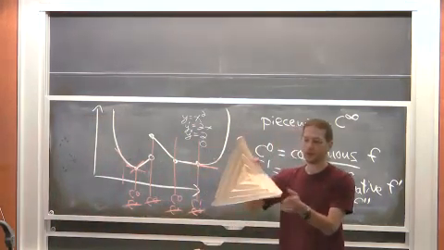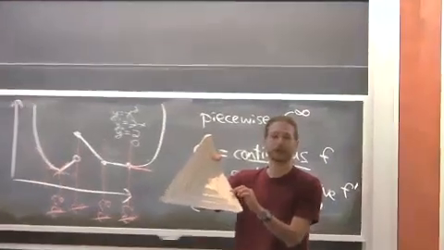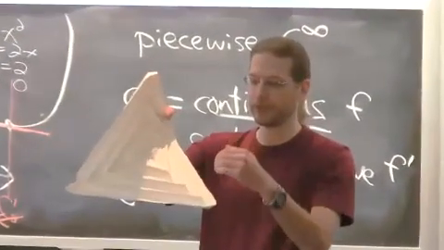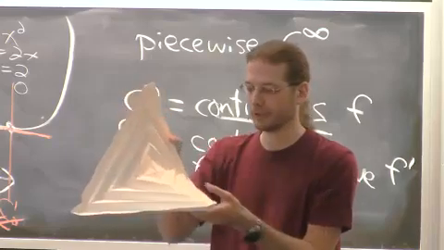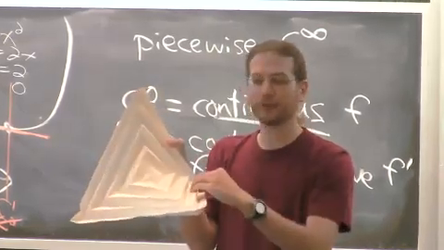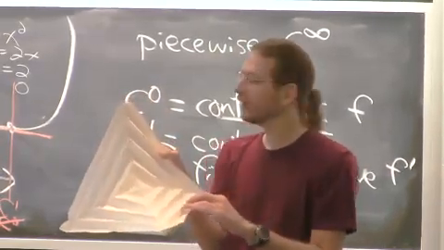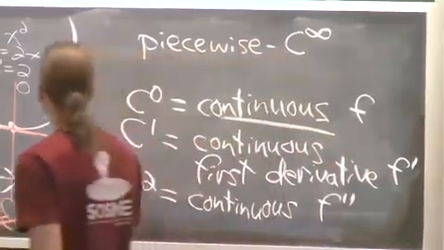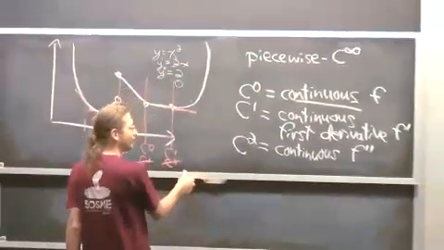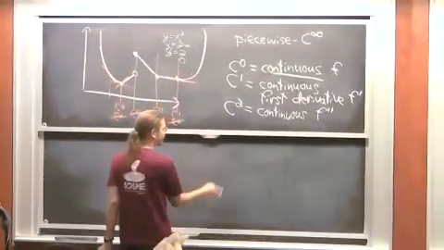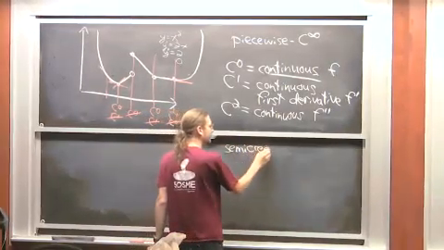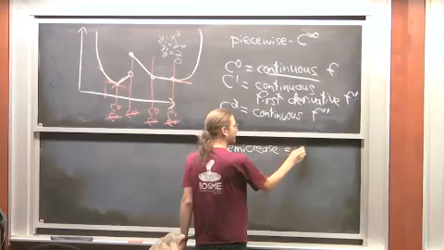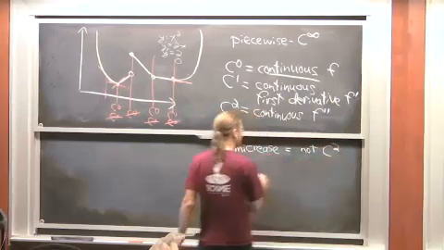Creases are points on the paper where you're not C1. That means that you have two different tangent planes coming together, typically. So discontinuities in the first derivative, that's what we call creases. Semi-creases are discontinuities in the second derivative. So a semi-crease is where you're not C2.